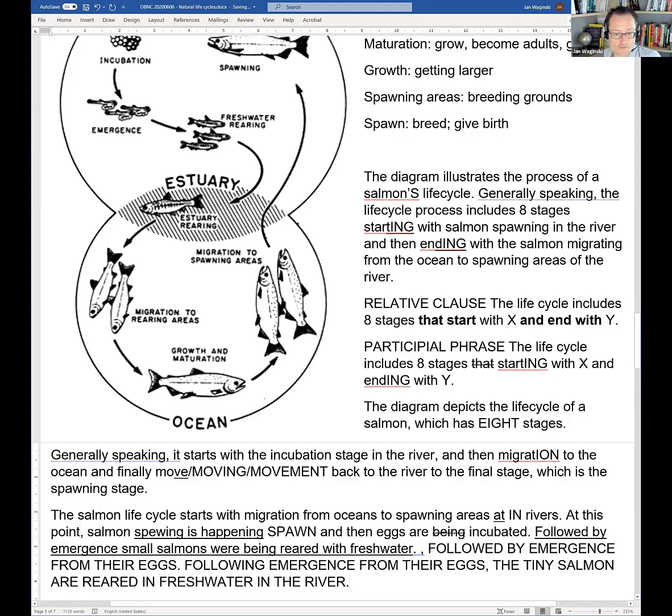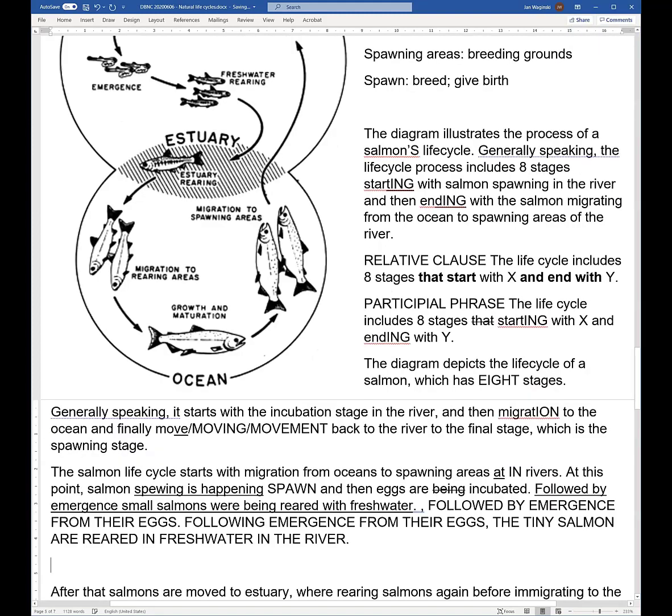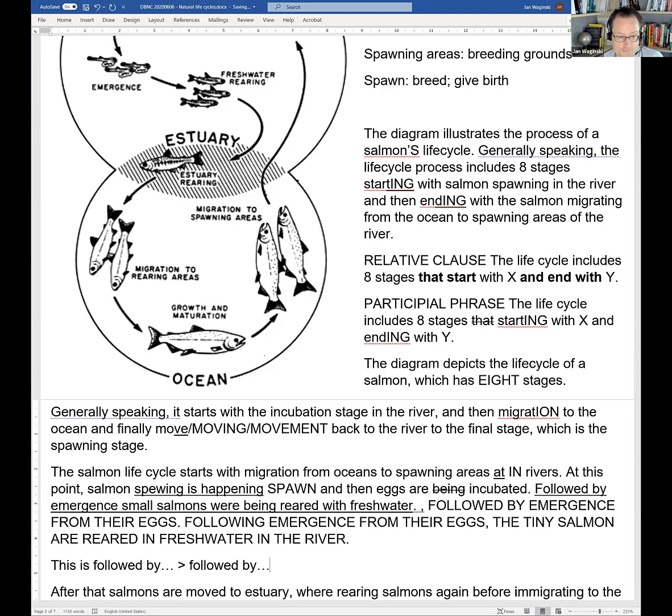Why did I put followed by emergence here and following emergence for this version? For the first one, the original, which is followed by. Yes. So it's passive, right? It's passive voice, yeah. And how about the second one?